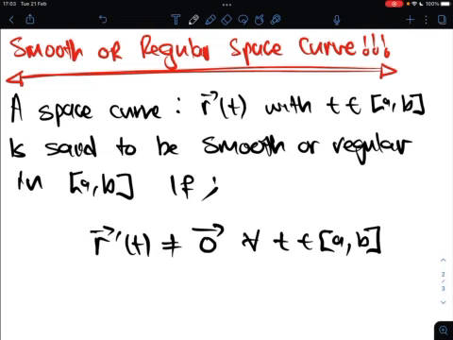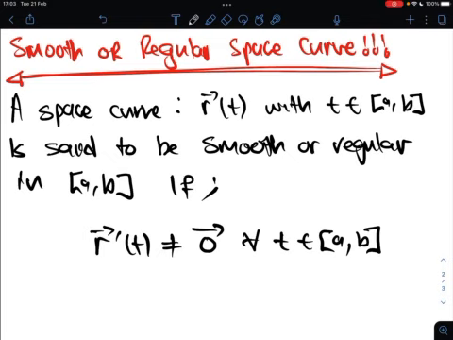You see that? It means there do not exist points where the derivative of the parametric function r of t equals 0 for all t that lie within the given interval. So if this property holds true, then we say the space curve is smooth. We can see definitely from this that there is already a result that one can write immediately.